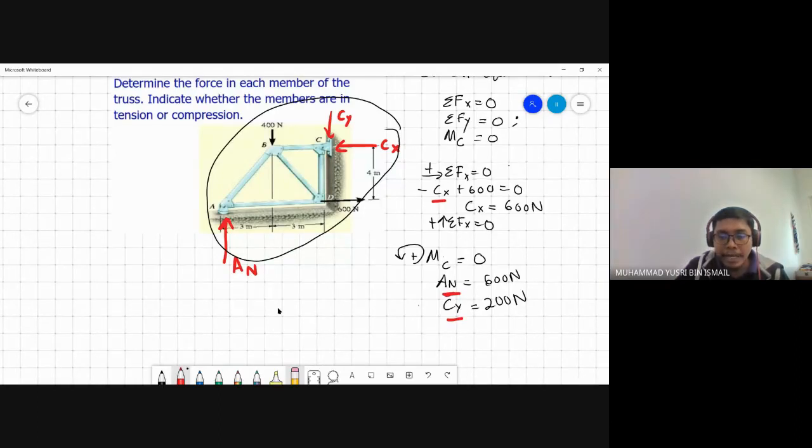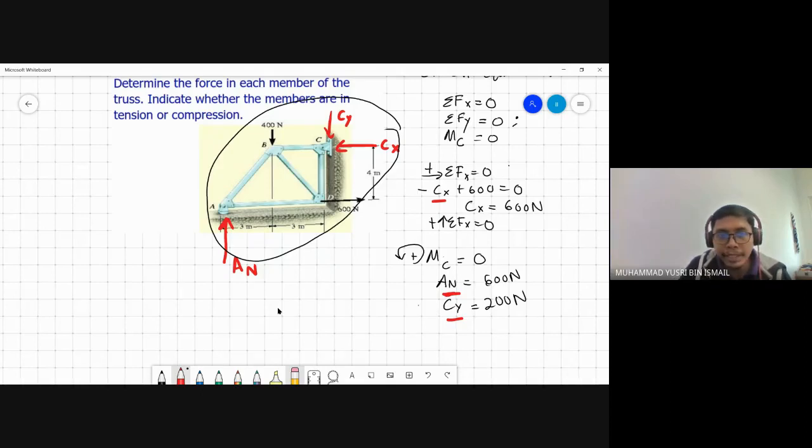Based on my tips previously, you can begin the method of joints from the joint that has no more than two unknowns.